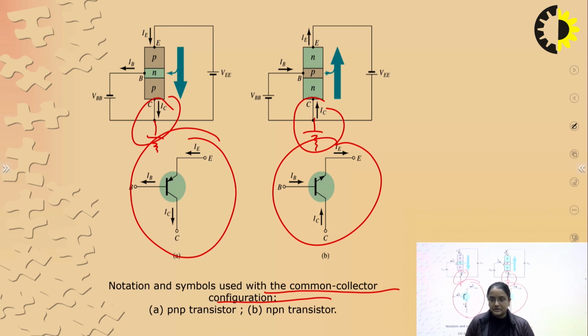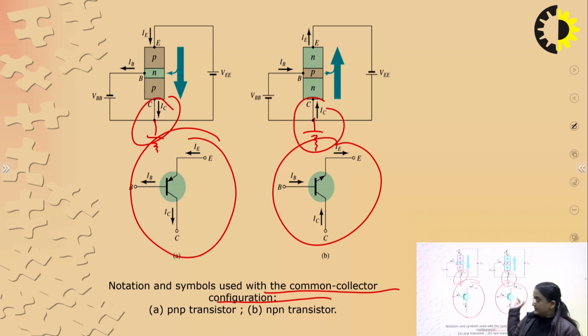So these are the basic configurations of BJT, and one of the most important topics that come under the category of BJT is the common configurations. The first one that I have covered is common base, in which your base terminal is grounded. The second one is your common emitter, in which your emitter terminal is grounded, and the third one is the common collector, in which your collector terminal is grounded.